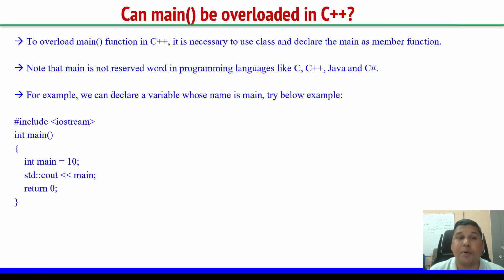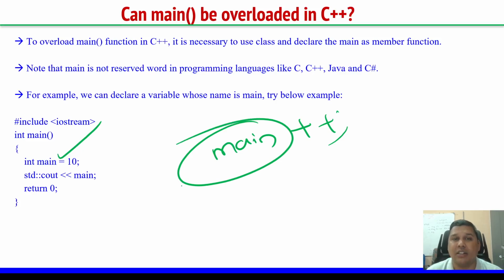And a very important point: main is not a reserved word in the programming language. So main can be a variable. You can write main plus plus like this. Main is not a keyword. If it is not a keyword, we can use it as a variable.